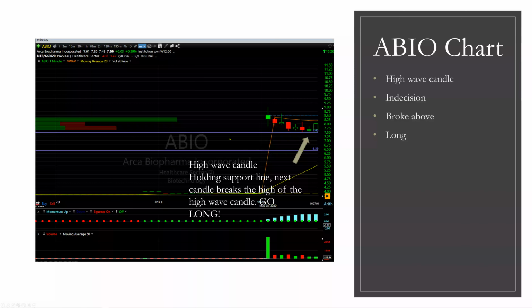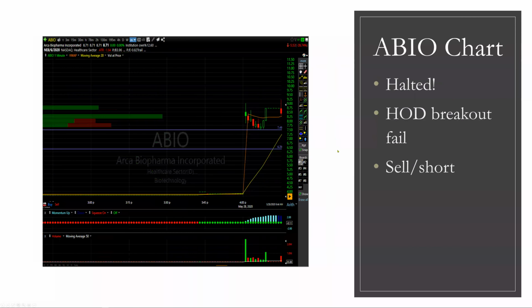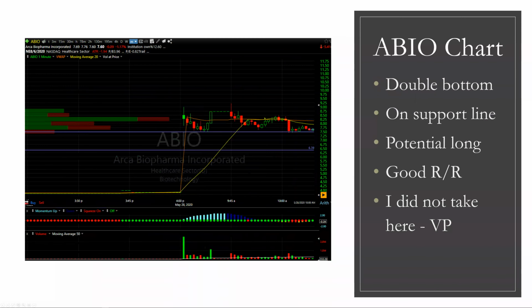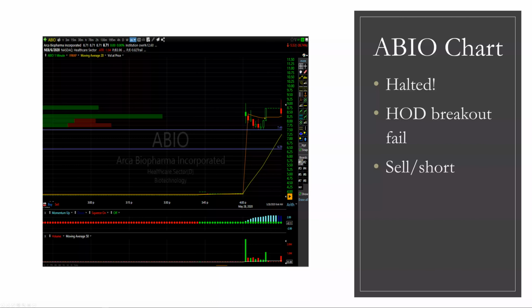And so these were just lines that I had drawn. I'm going through a high wave candle, broke the high wave candle, took it long, and it broke above VWAP. This is one of my favorites, right? I like the breakdown of VWAP, the reclaim of VWAP, and then to take it long.